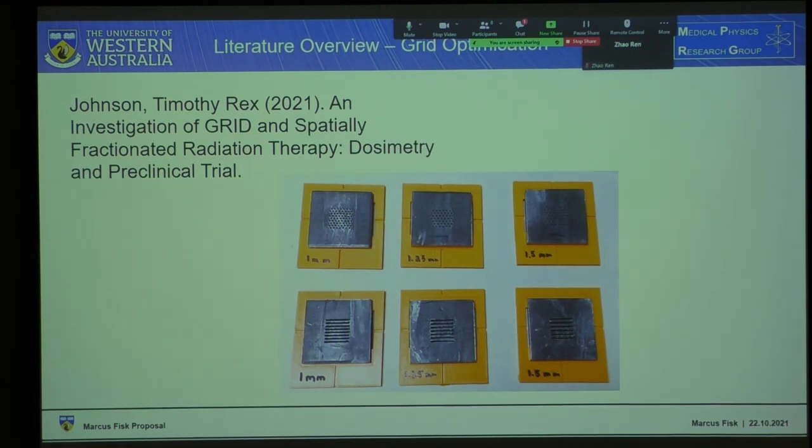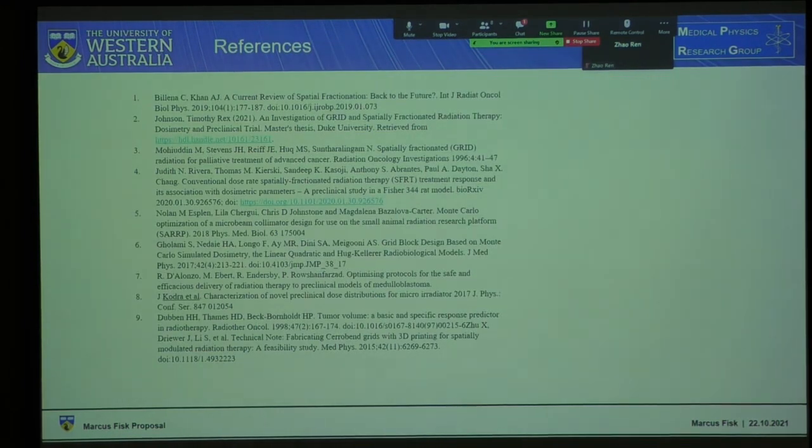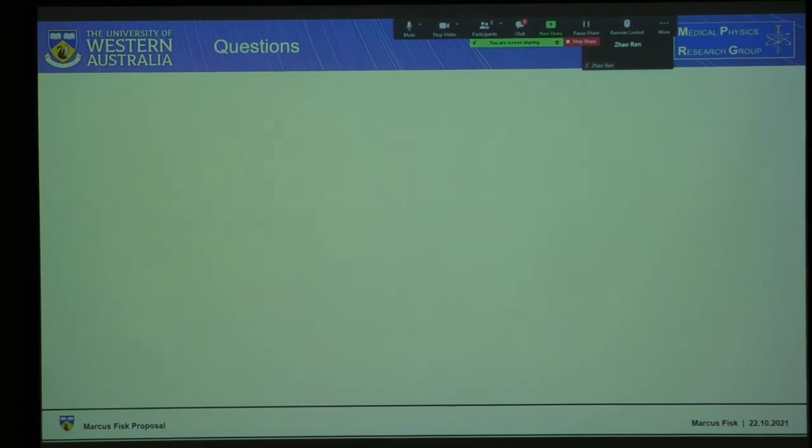So a kind of optimization should be done, and this will be easier using Monte Carlo methods rather than a physical method. He also found that pencil beams produced better peak to valley dose ratios as well. So that is that. Any questions?